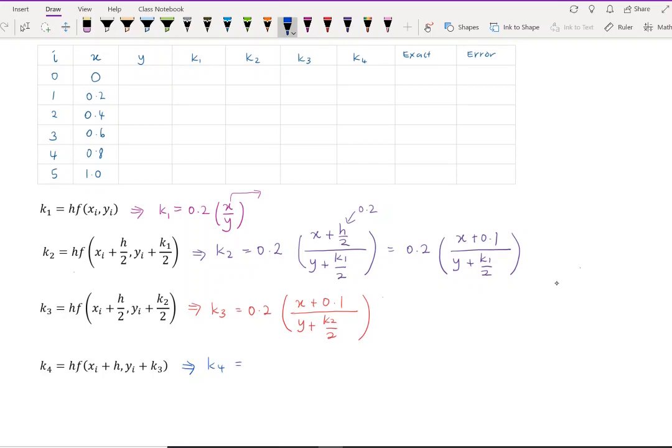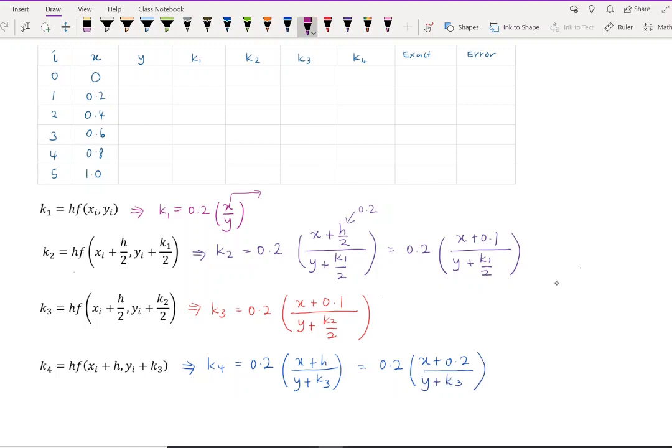K4 equals 0.2, and in the function x becomes x plus h, so our h is 0.2, over y plus K3. So it will be 0.2 times x plus 0.2 over y plus K3.